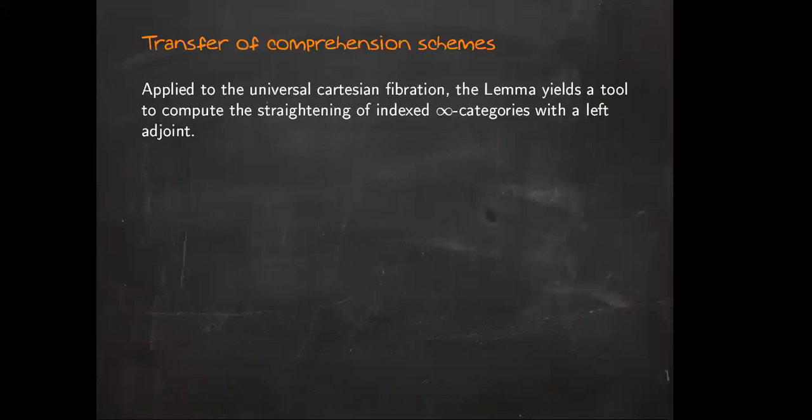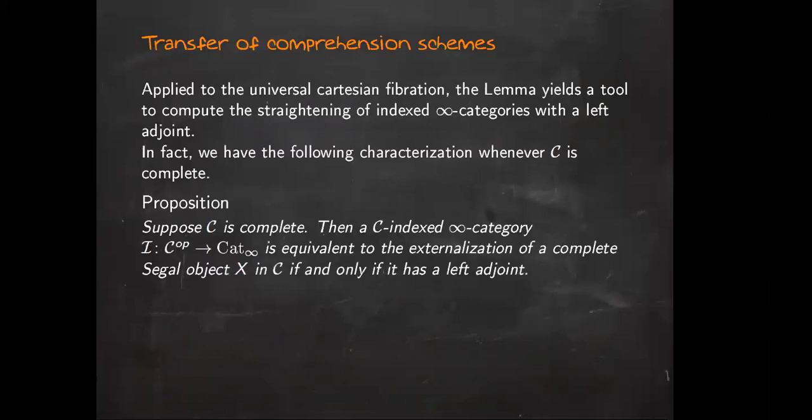Now, in fact, there is a converse direction too whenever C is complete. So if C has all limits, then we can show that a C-indexed infinity category is the externalization of a complete Segal object if and only if it has a left adjoint. Here left because we start from C op and go into Cat. If we go from C to Cat op, we have the right adjoint statement like before.